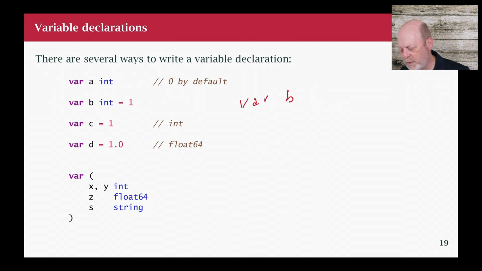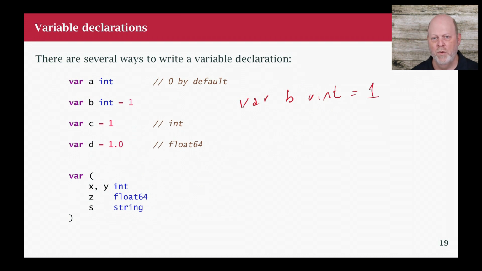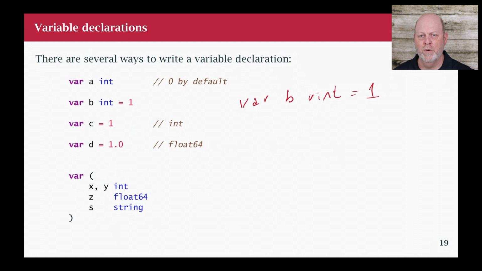Well, what happens if I needed var b to be a uint and be equal to 1? Okay, well, so the value of 1 by default would infer as an int, a signed integer, but I want it explicitly to be an unsigned integer. So now I need to give it the type and the value. So you will see this occasionally. Okay, and the fourth one is clear. It's a 1.0, therefore it's a floating point constant, therefore d is a floating point number.